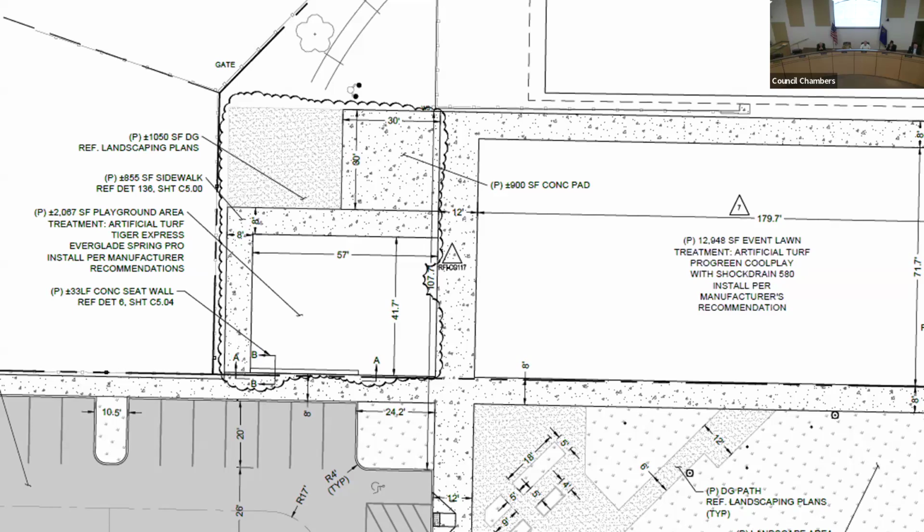Thank you, Councilman Lau. Councilman Torres. So I guess I'm kind of lost. What happened to the original plans with the grass and the trees and everything that was there? It was decided that artificial turf was better, less maintenance.